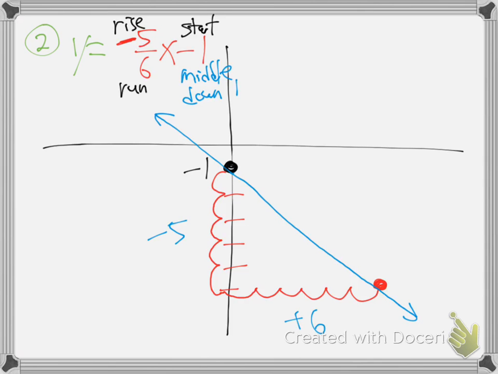So the number off to the right is always your starter, and that's always on the middle line. Positive is up the middle, negative is down the middle, right on the y-axis. They call that the y-intercept, because that's where your line intersects the y-axis. It's where your line hits the y-axis. That's what people call it, the y-intercept.